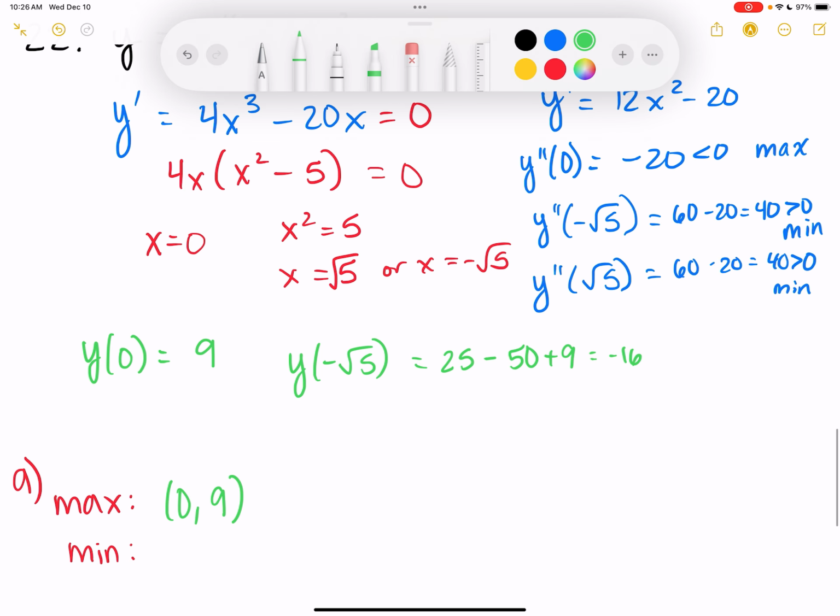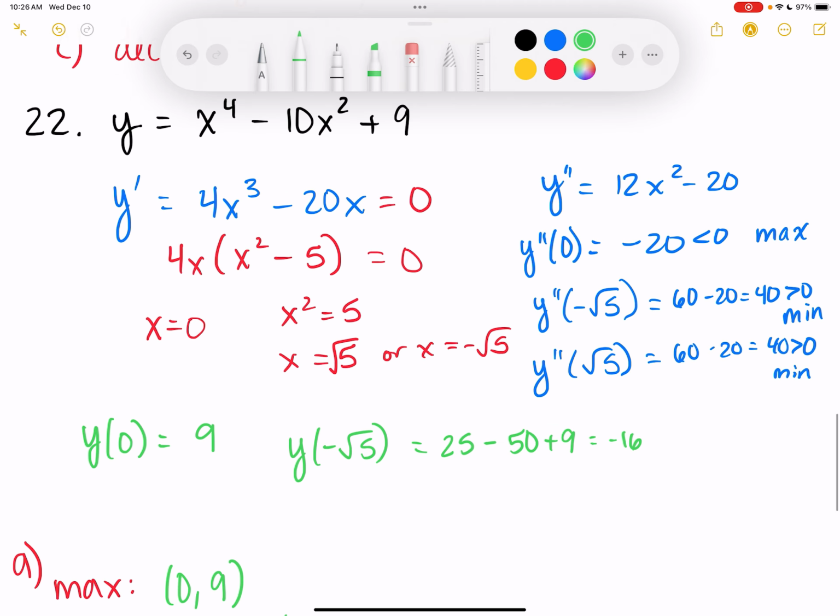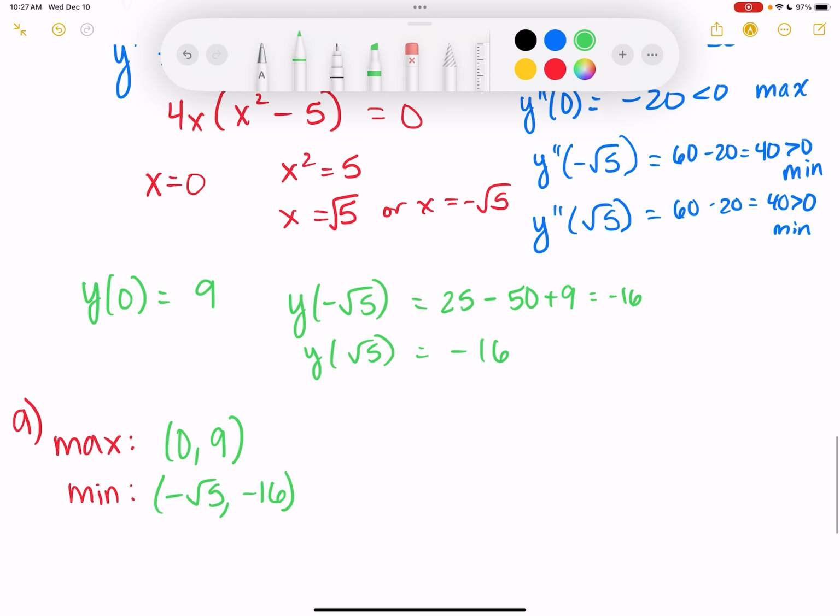So then there's a min at negative square root of 5 and negative 16. And then the same thing is going to happen with the positive one, because obviously if it's being squared, the signs are staying the same. So y of positive square root of 5 is also negative 16. So at square root of 5 and negative 16, I also have a min.